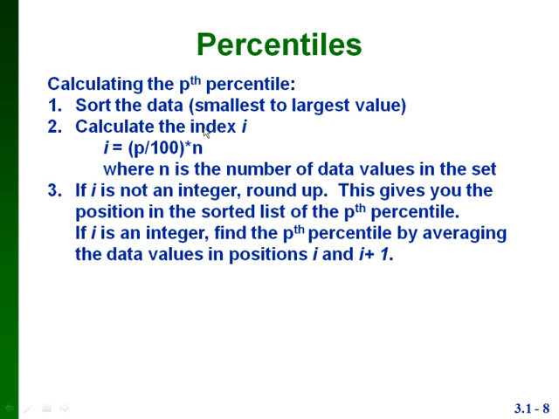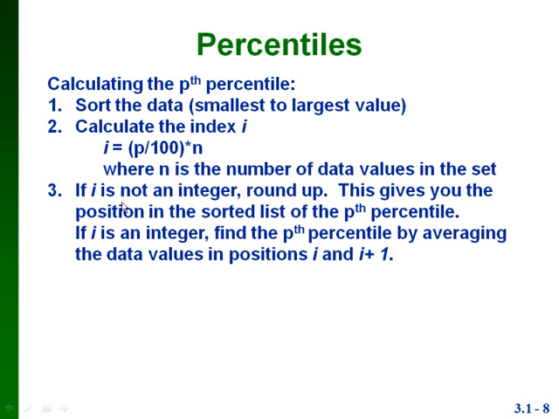And then we're going to calculate an index, and this index will tell us the location in the sorted list of our percentile value. The way we calculate the index is that we take P, which is the percentile value that we want, divided by 100. We multiply that by n, where n is the number of data values in the set.